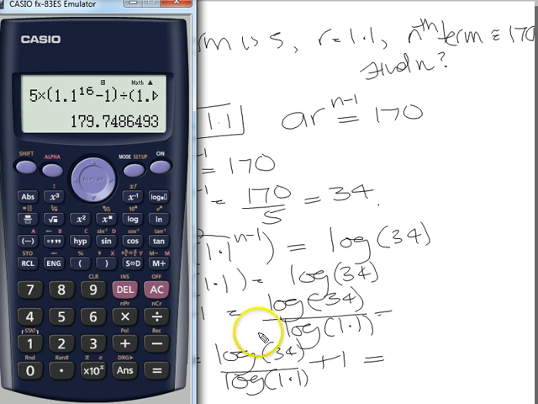So tapping it in the calculator, log 34, it's natural logarithm, 34 divided by log of 1.1, that's that, equals, and then I'm going to add 1 to that, plus 1 equals, around 37.99, so I think it was 38. 38, yeah?